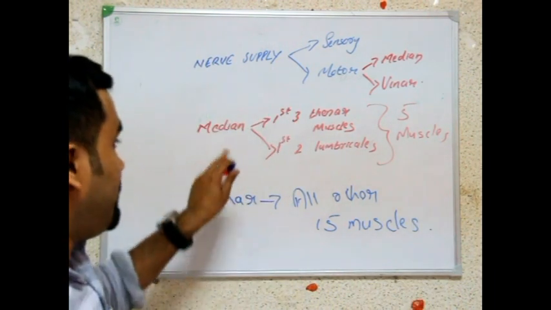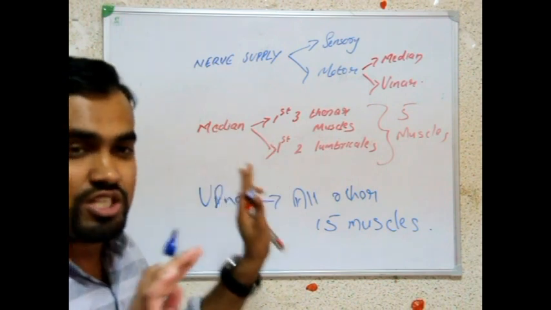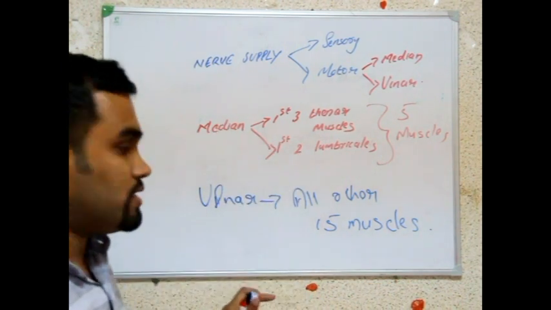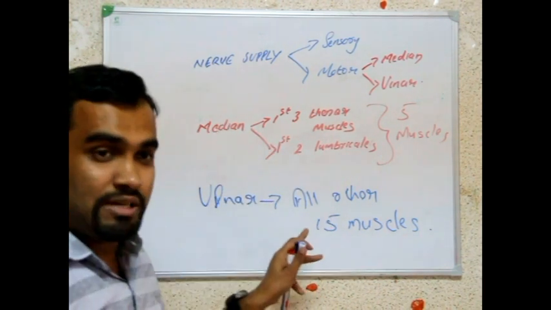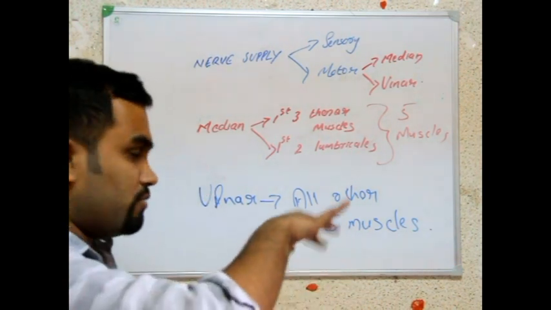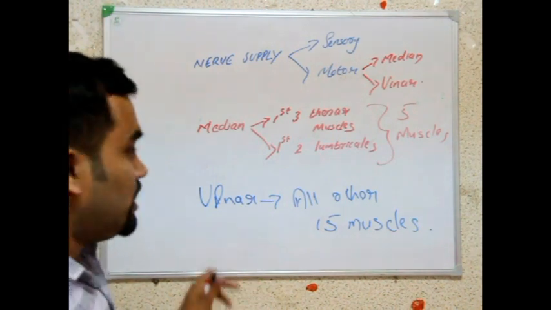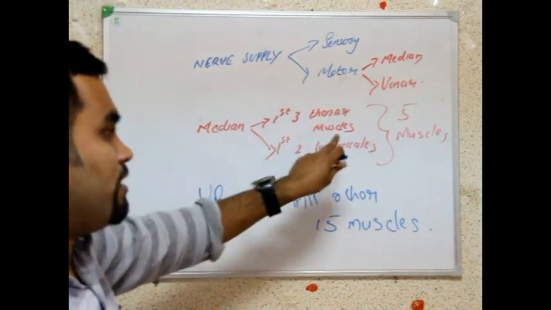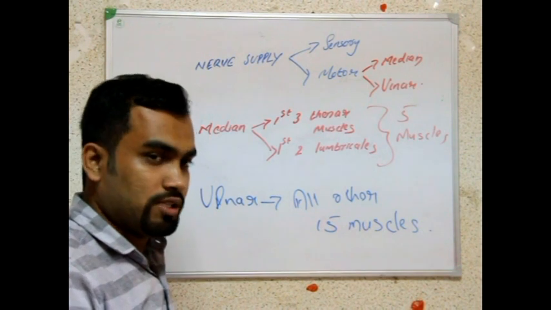Easy to remember. Median nerve only supplies 5 muscles, that are first three thenar and first two lumbricales. And ulnar, all other 15 muscles. So in MCQs, they will twist you, like they will ask many muscles, but you can rule out, right? You only want to remember the median nerve supplies only 5 muscles. You can rule out the options.